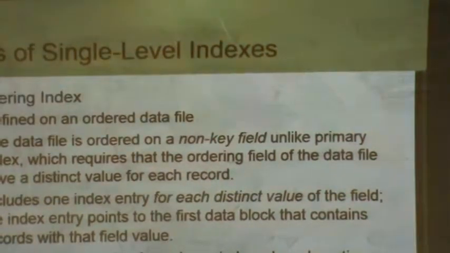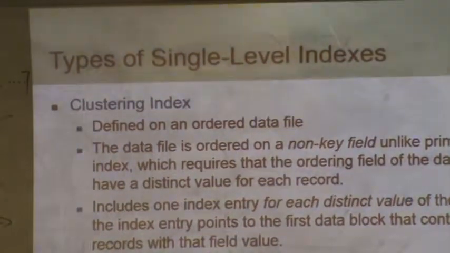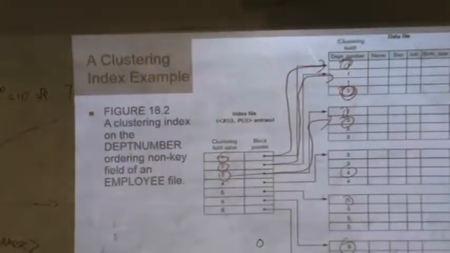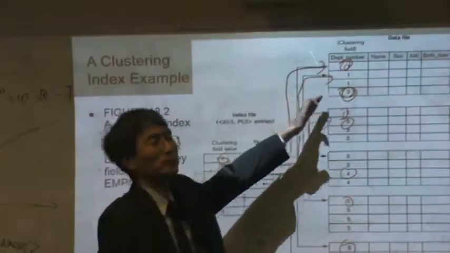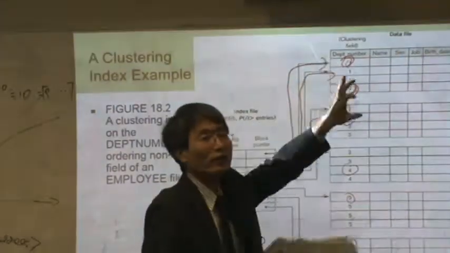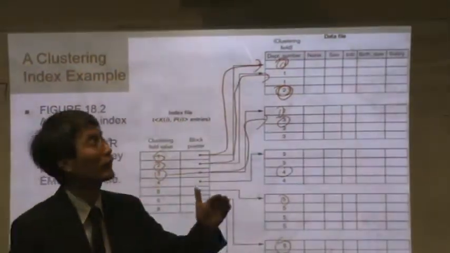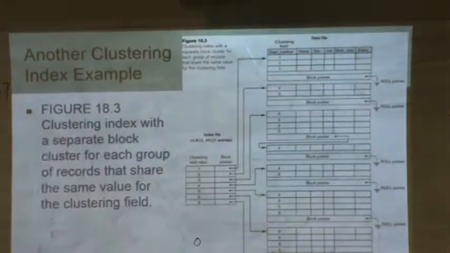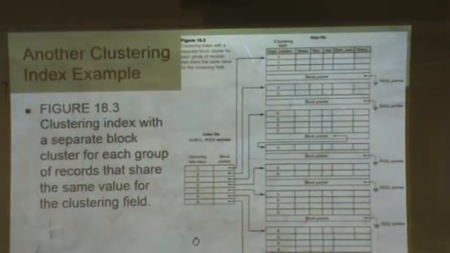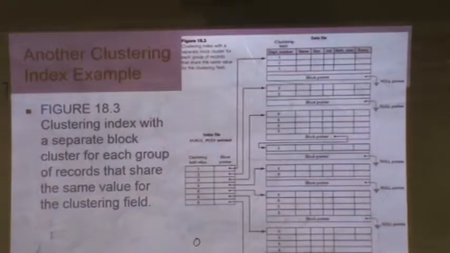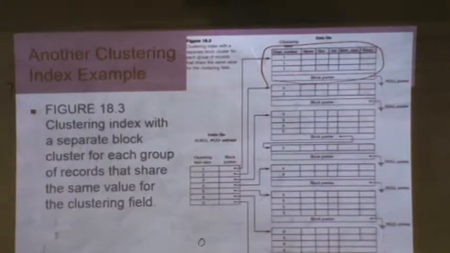However, this clustering index is for the case where the data files are sorted by the clustering factor. So for example, this one. There are 2 types. I don't like this one, for example, because one block has 2 different values. So you can separate the different values into different blocks, like this one. In this case, it's a clustering index, but each block has only 1 value, even though you have space over here, so we don't care.